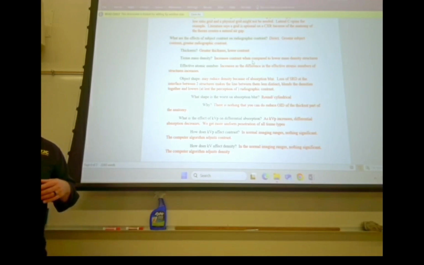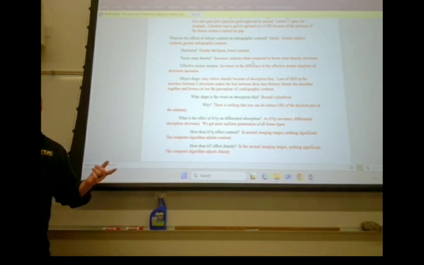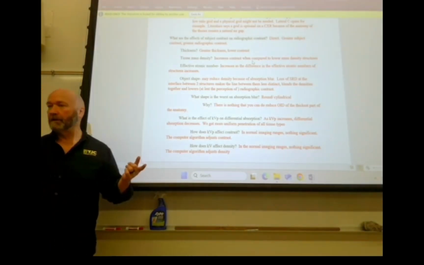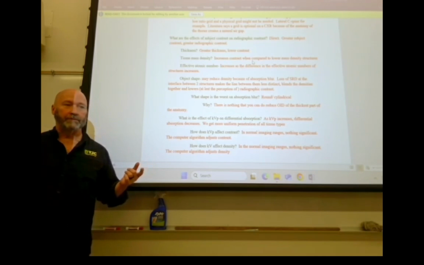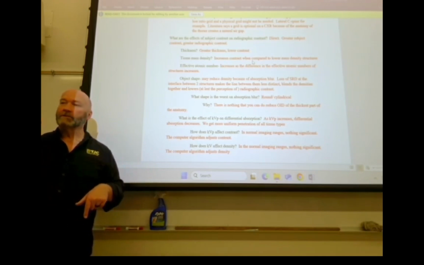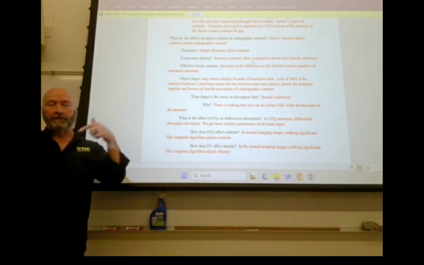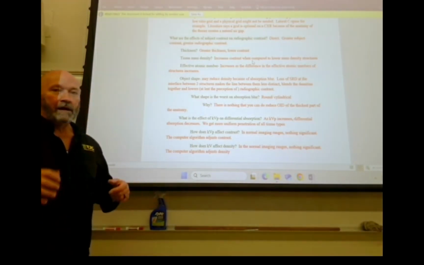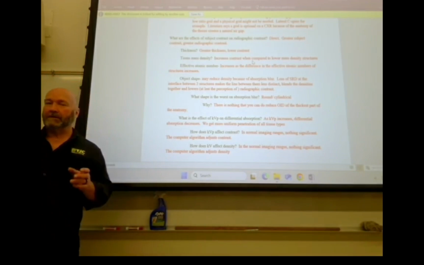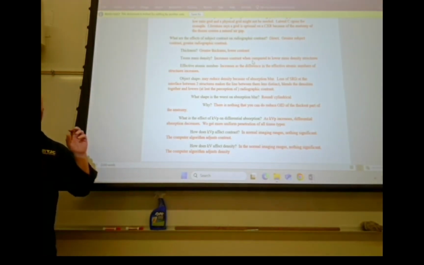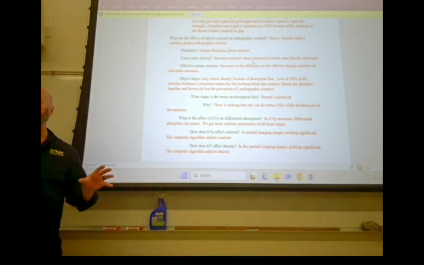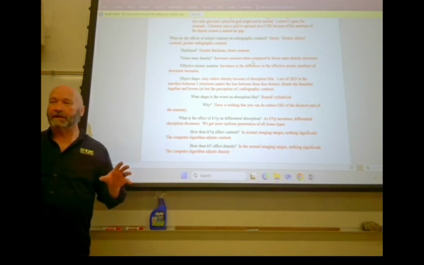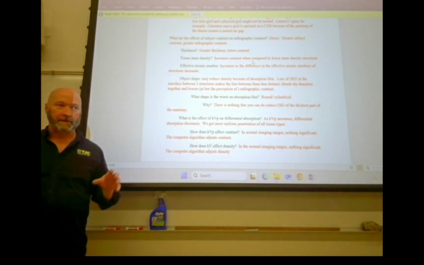So density, radiographic versus patient density, there's going to be an inverse relationship, right? So the more dense the structure, the lighter the image. So as patient density goes up, radiographic density goes down. Anytime that we have contrast, it's going to go the same direction. So if you have high patient contrast, you're going to have high radiographic contrast.